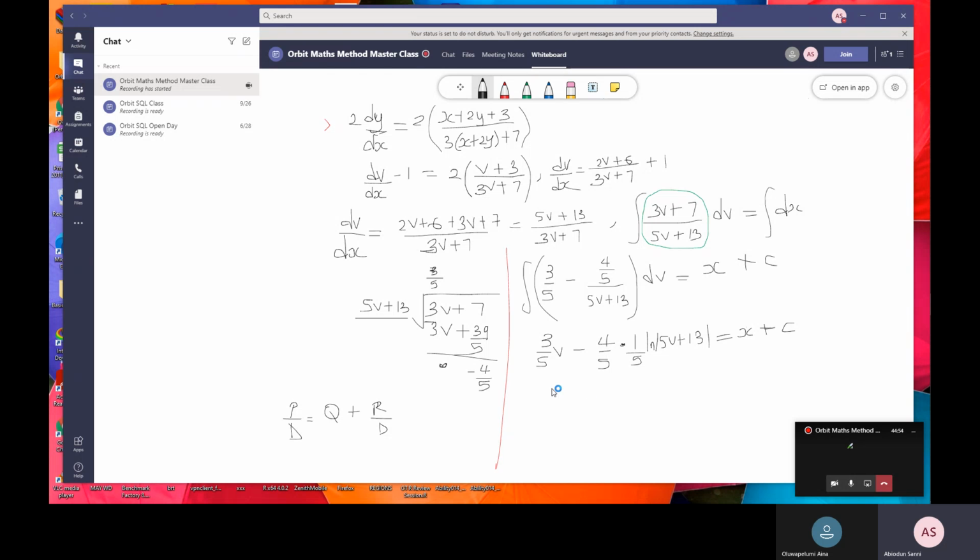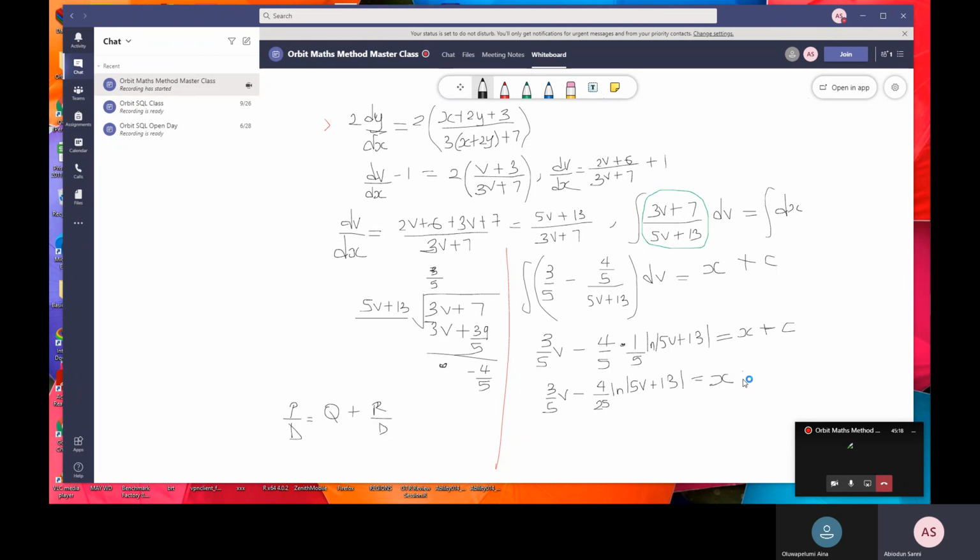So finally, our final answer is 3 over 5 v minus 4 over 25 ln(5v + 13), which is equal to x plus c.